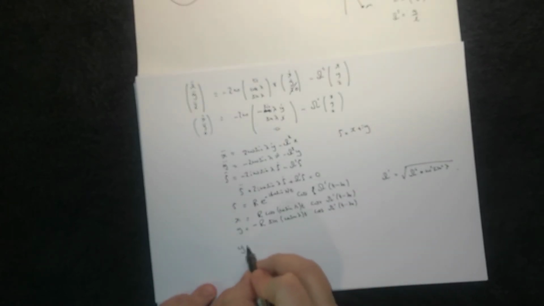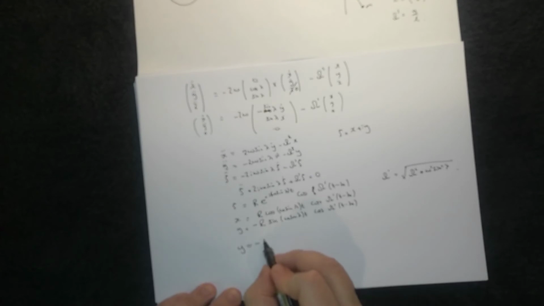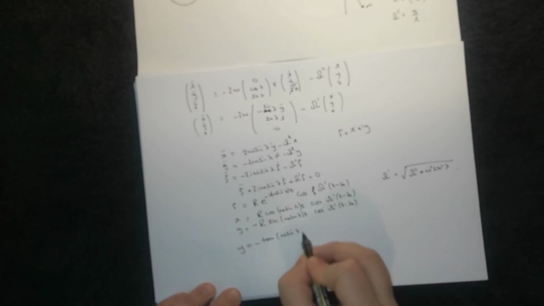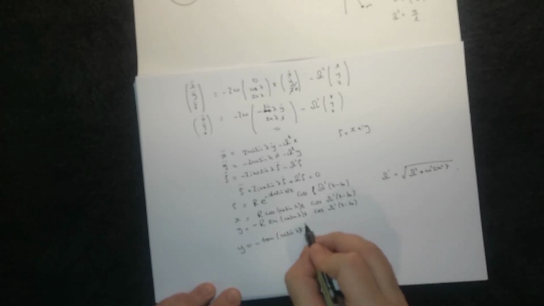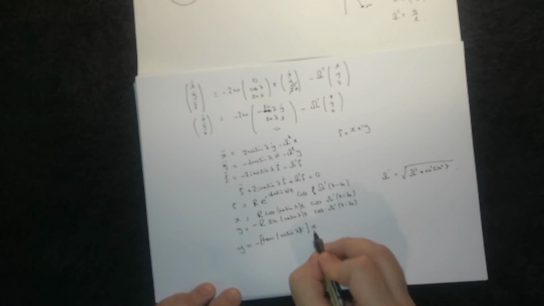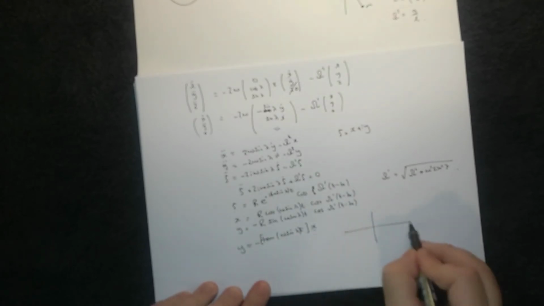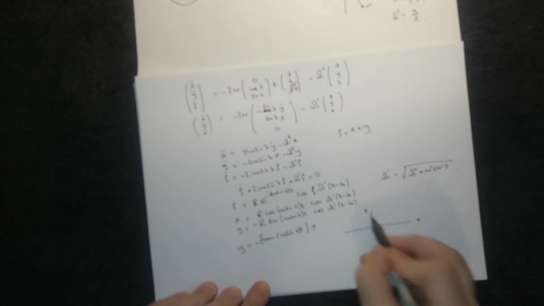So therefore y is minus tan omega sine lambda t times x. So there's x, there's y.